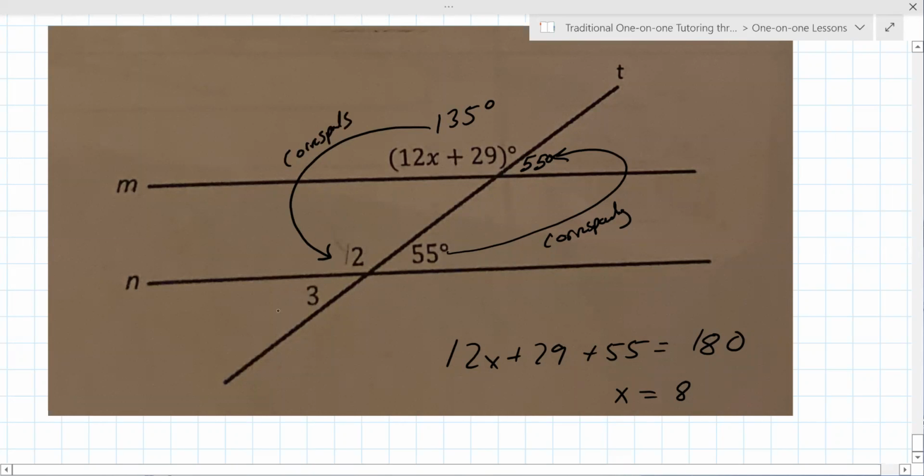And then the measure of angle 3 is 55 by vertical angles, or you can do it with a linear pair, either one. Okay, wait, so 135 corresponds with 2. Yes.